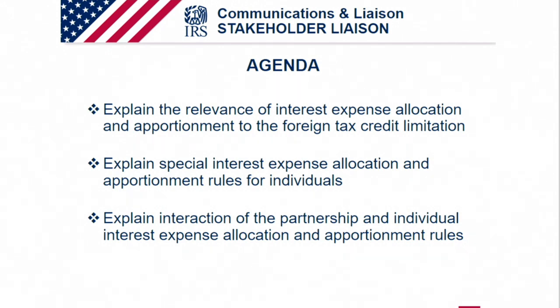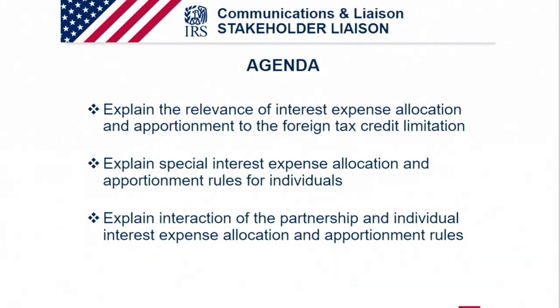Thank you. Good day, everyone. This is our agenda for today. What we're going to be doing today is explain the relevance of interest expense allocation and apportionment to the foreign tax credit limitation. We're going to explain the special interest expense allocation and apportionment rules for individuals.